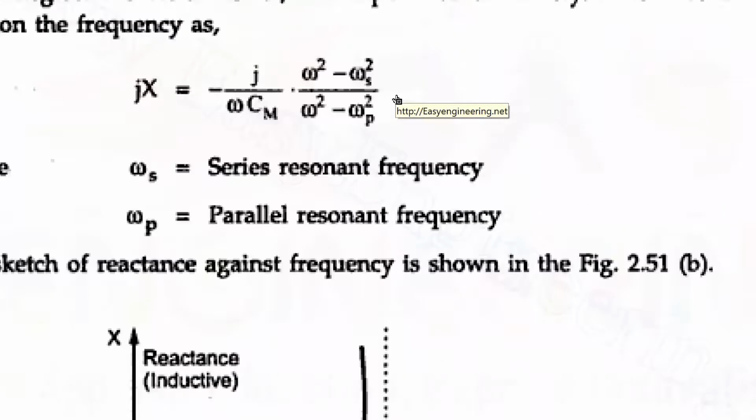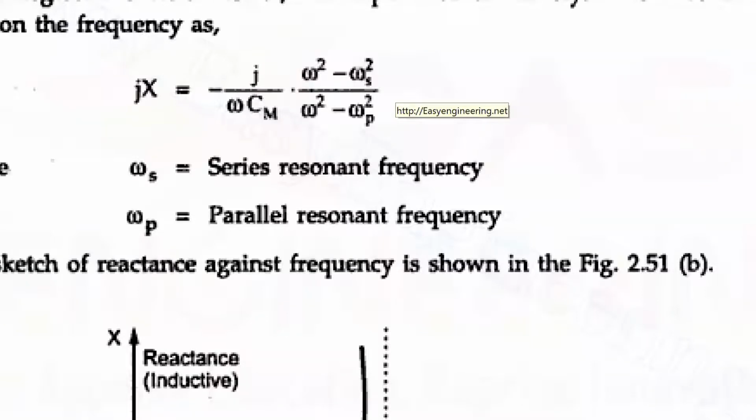Now here we have to consider two cases: when omega tends to omega p, slightly greater than omega p, and slightly less than omega p. I want to understand whether it is plus infinity or minus infinity, and for that we are doing this.